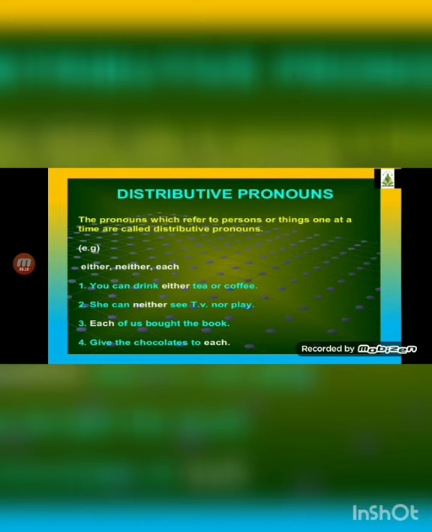So, it refers to a person or the thing one at a time. Each of us bought the book. Here, each is a distributive pronoun. Give the chocolates to each. So, each, either, neither are some of the examples of the distributive pronoun.